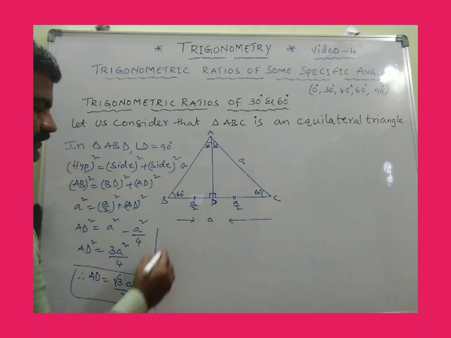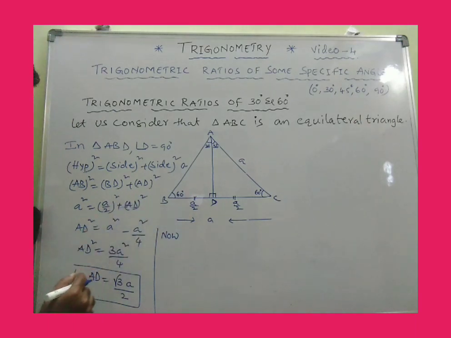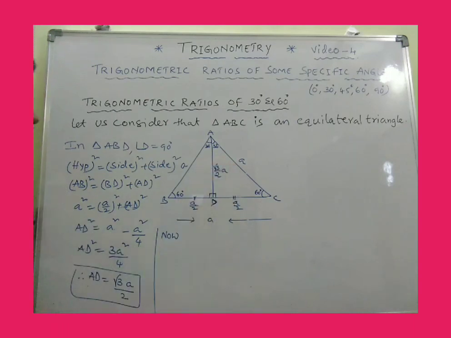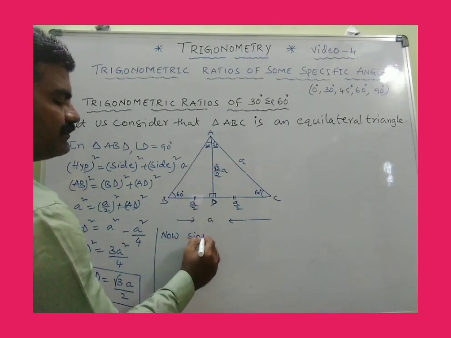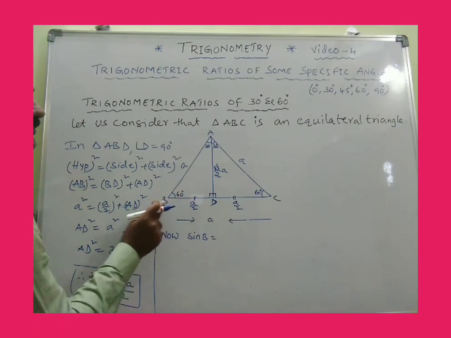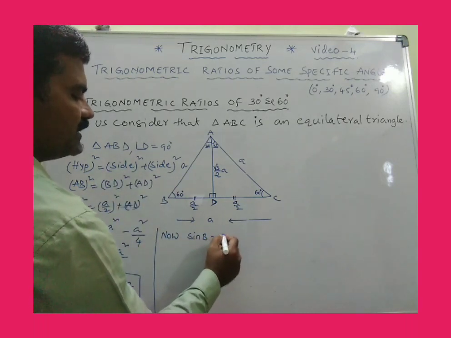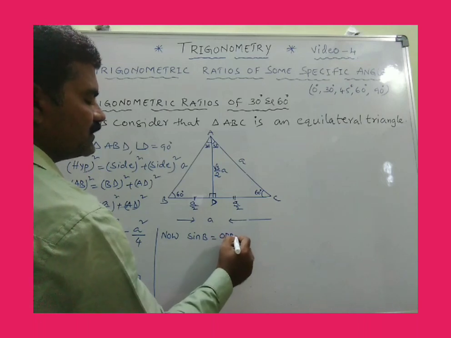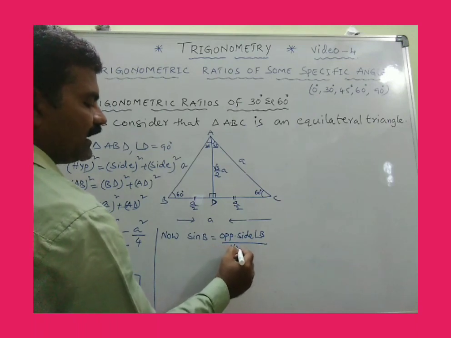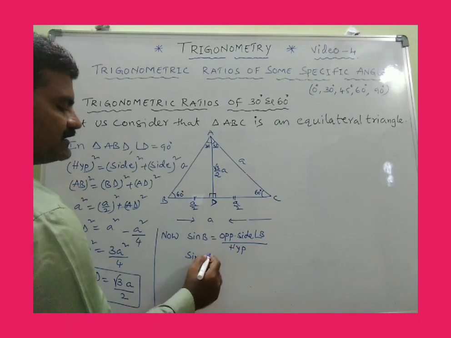So let us see now. Let me first find the 60 degrees values. AD I can write as root 3 by 2 a. Now let me find sine B. Sine B means opposite side of angle B by hypotenuse. Sine angle B is nothing but 60 degrees.